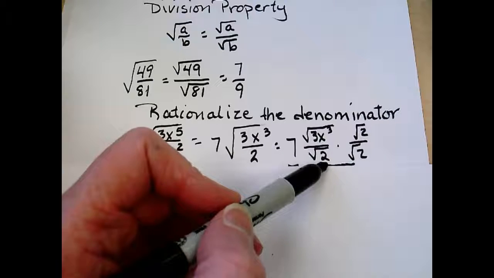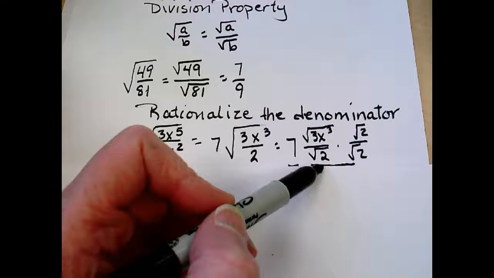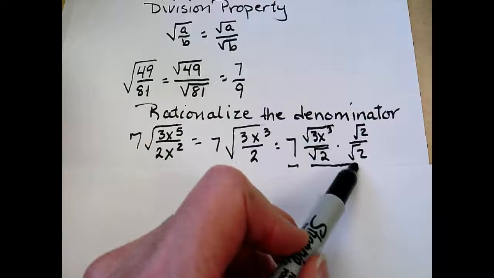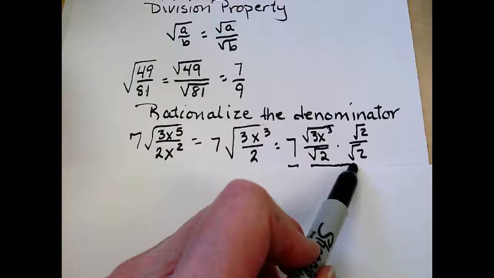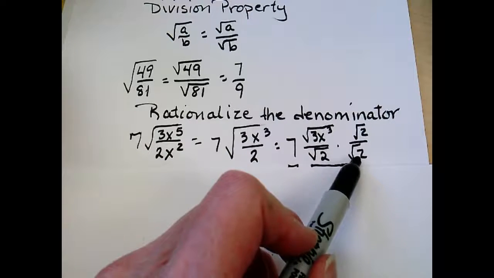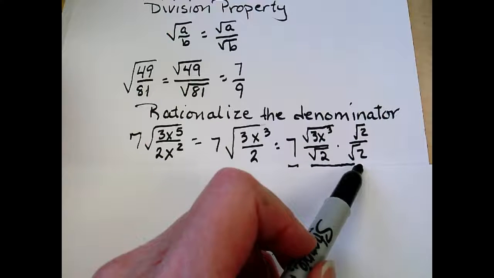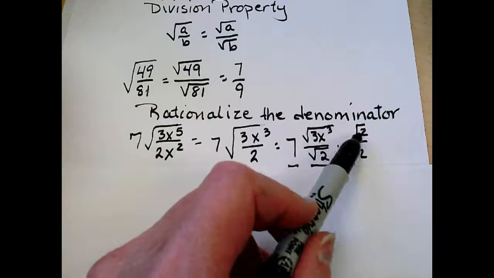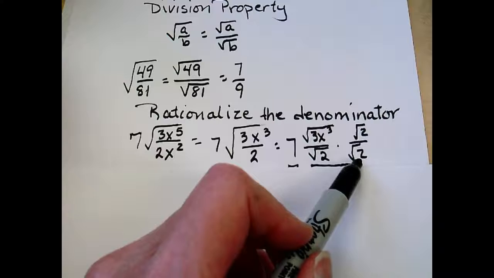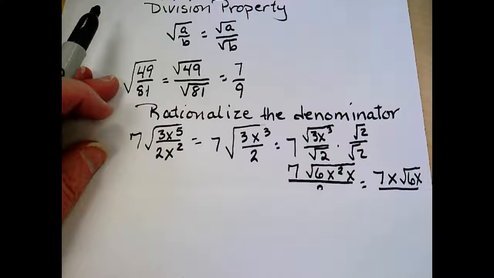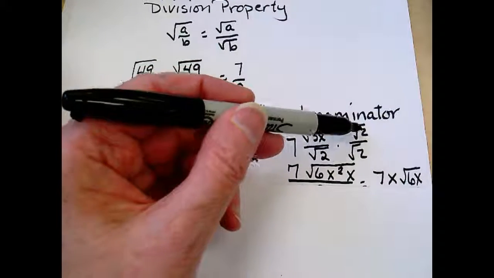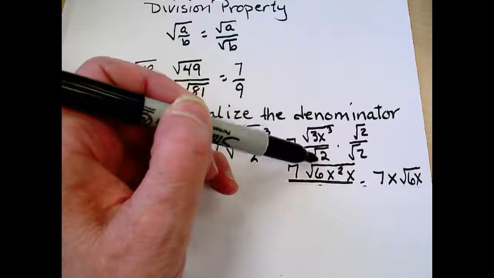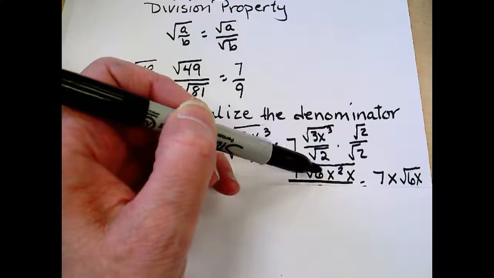Because there's a square root in the denominator, I need to eliminate the square root. So I multiply by itself, which is the square root of 2. Because I have to multiply by 1 always with a fraction, I multiply the numerator and denominator. So the numerator, that square root of 2 gets multiplied by the 3, and I get 6.